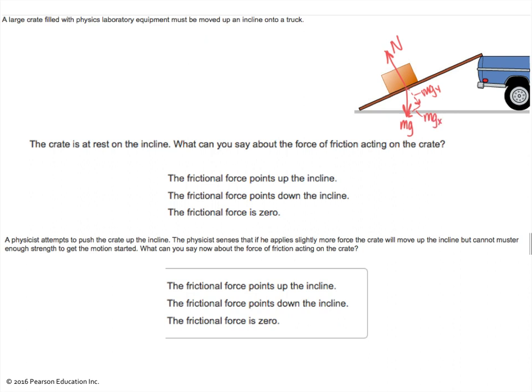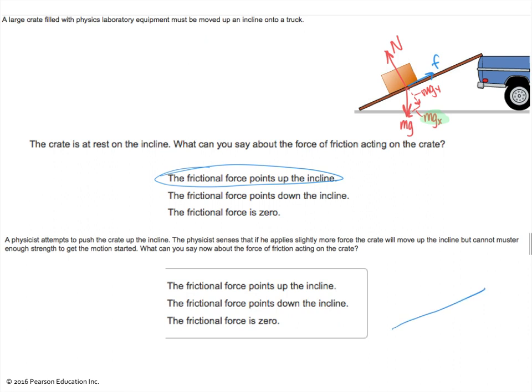The x component of the weight, right here, tends to pull the box down the incline. And so without friction, we know this box would just slide down the slope. So that means that the frictional force has to be opposite to the weight in order to keep it on the incline. And so the frictional force will point up the incline.